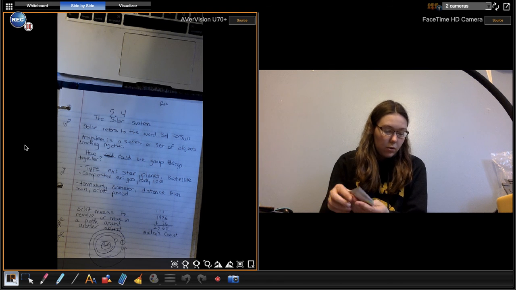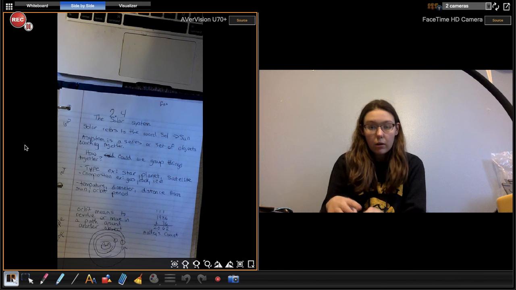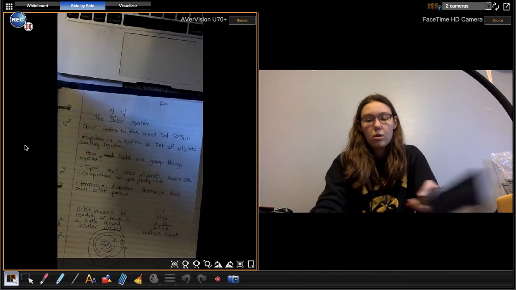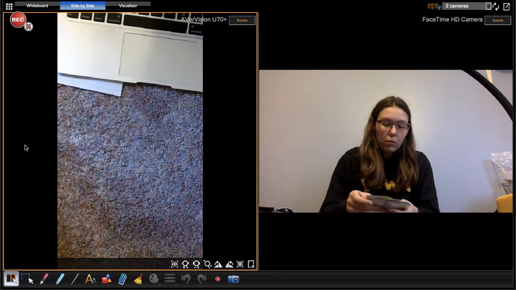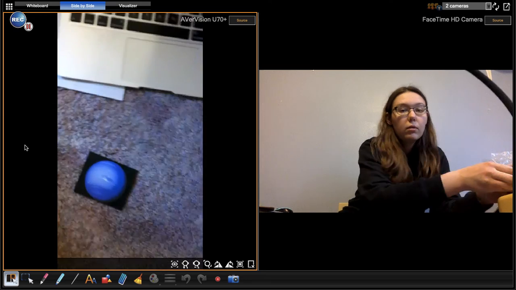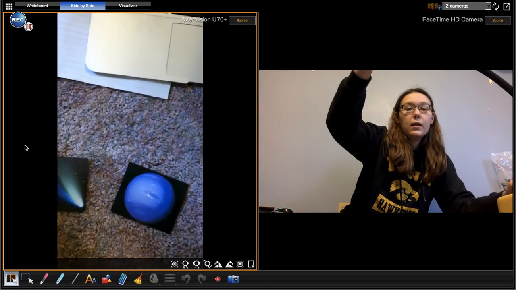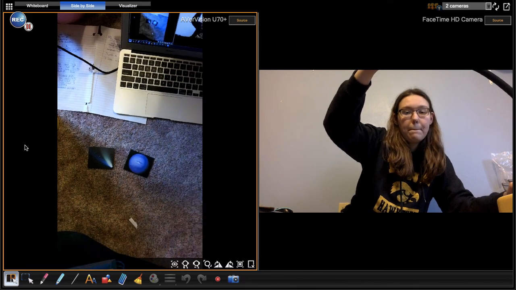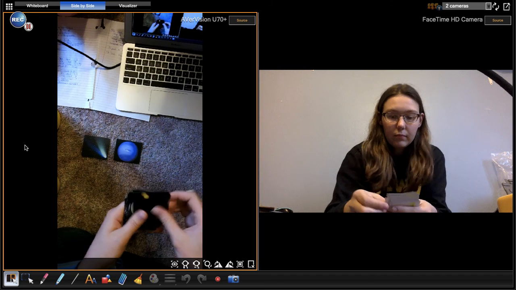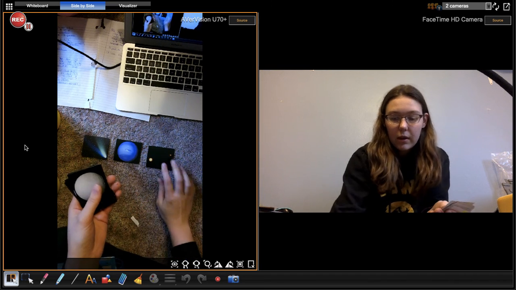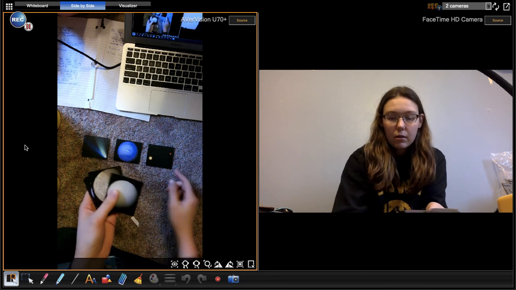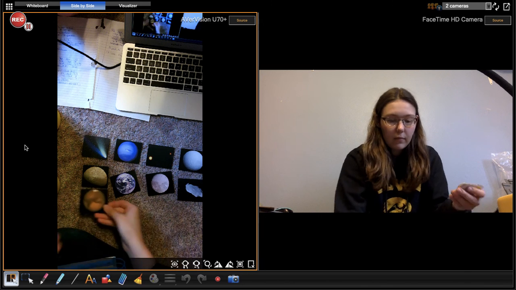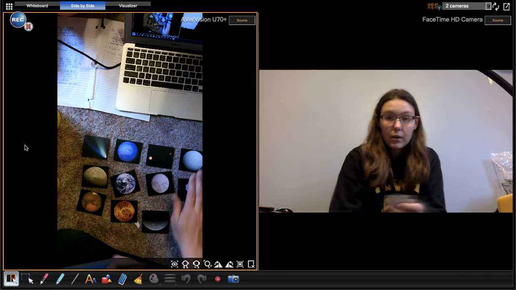So we've got all of our different ones. All right, this is what Pluto looks like. And I'm probably going to have to flip these over at some point so that you guys can all see them.